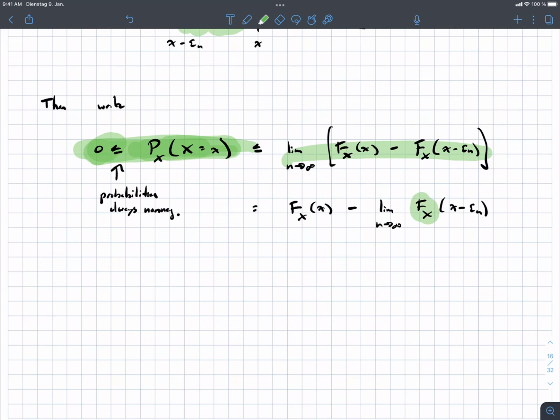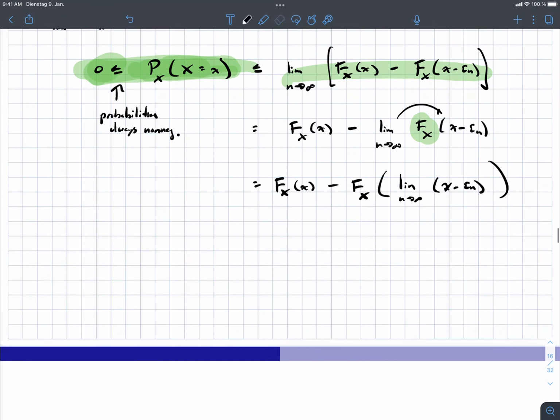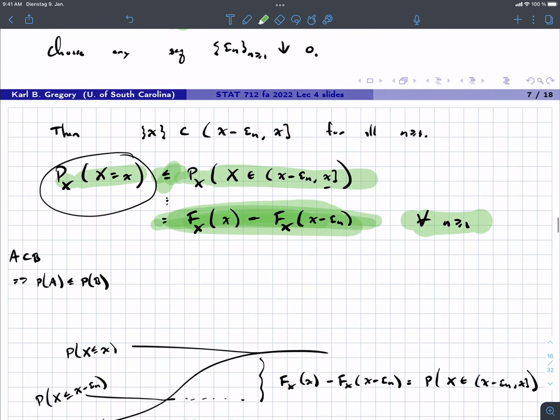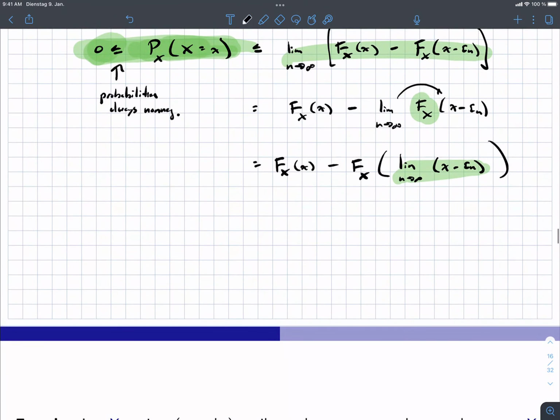Since I have a continuous CDF, I can pass the limit inside. That's by the definition of continuity. So continuity means I can pass the limit inside. And if I take this limit, my sequence epsilon_n goes to 0.